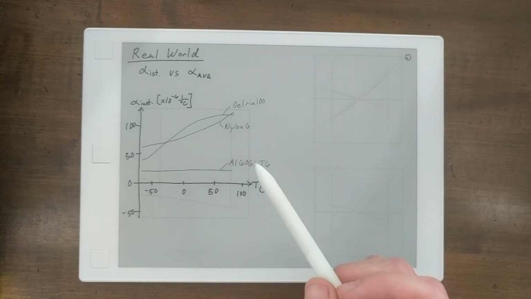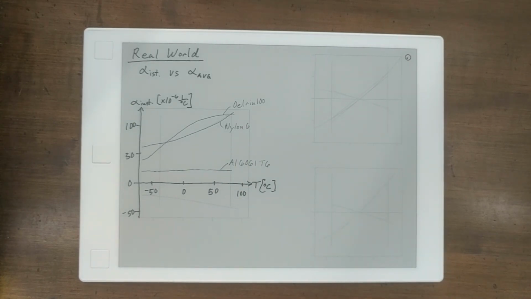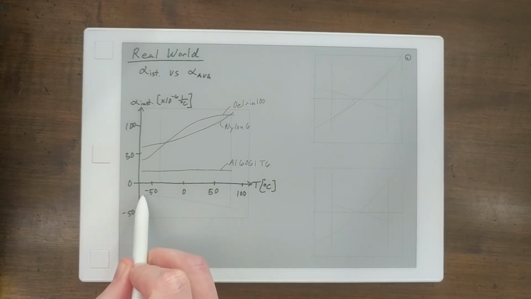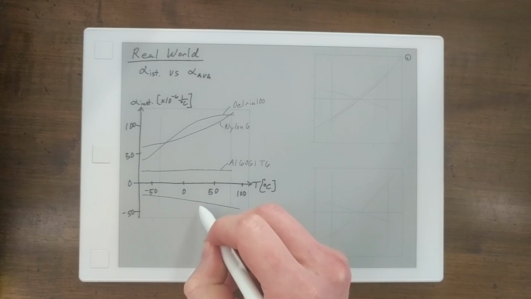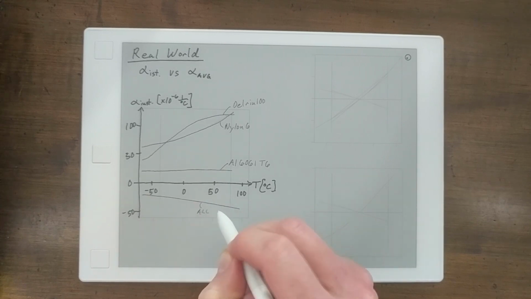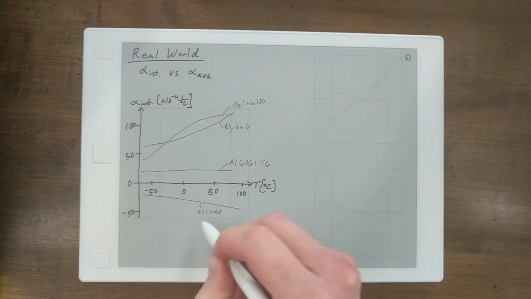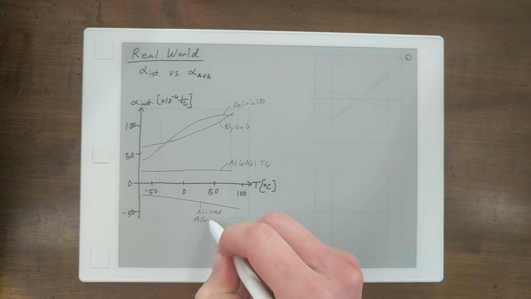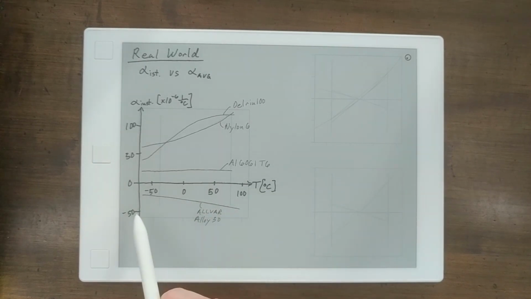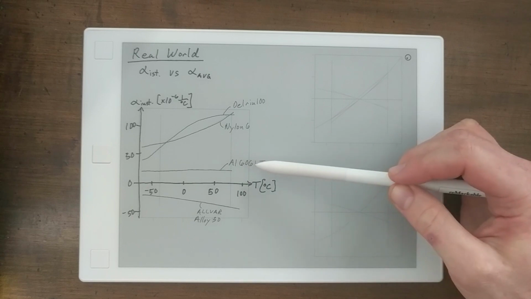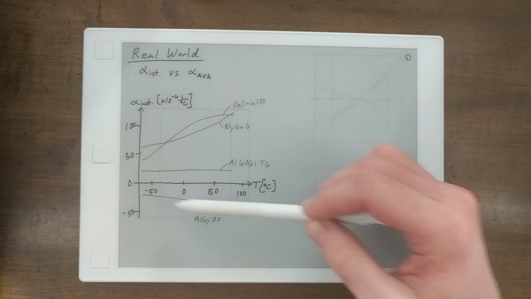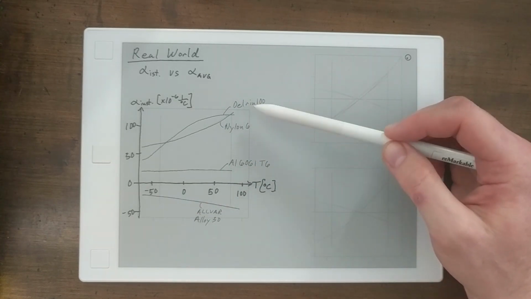And so the average CTE will not accurately predict the displacement of a Delrin or nylon material in this temperature range. And if we look at the material that we manufacture at ALLVAR, ALLVAR Alloy 30 responds like this. Its CTE will change with temperature as well, and it won't be as steady as aluminum, but it will be more constant than a Delrin or a nylon.